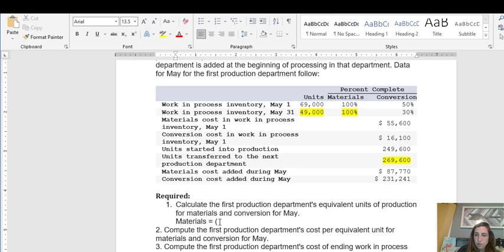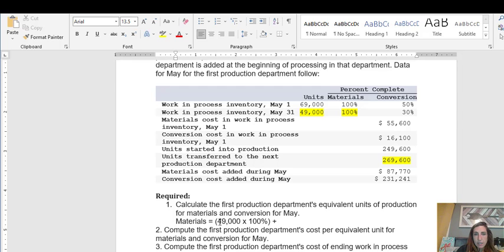I will take the number of units that were in the ending WIP and I will multiply it by its ending percentage of completion. This one happens to be 100%. We talked about how you could have all your materials already in the process. And so 49,000 units multiplied by 100%, still 49,000.